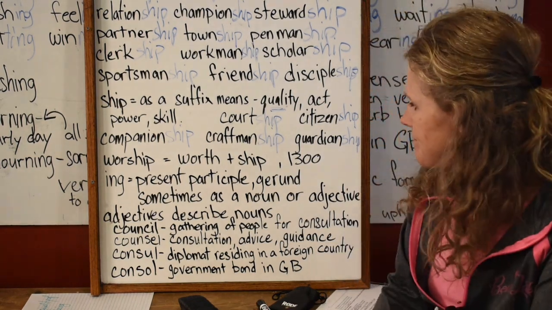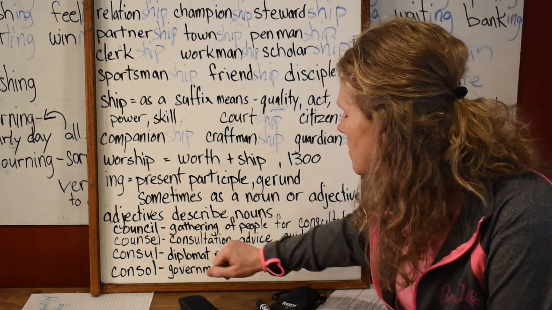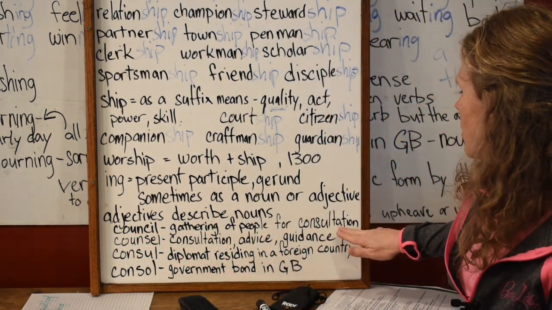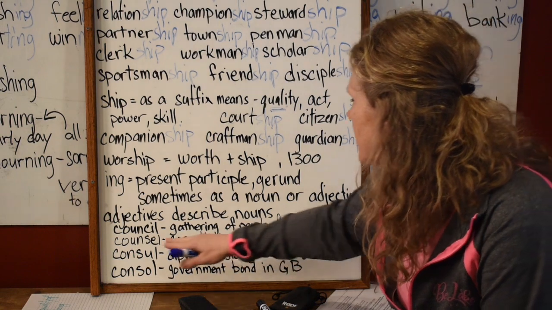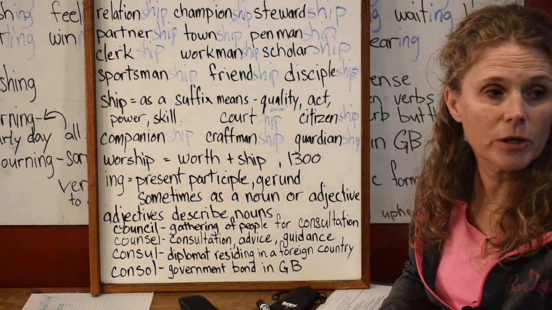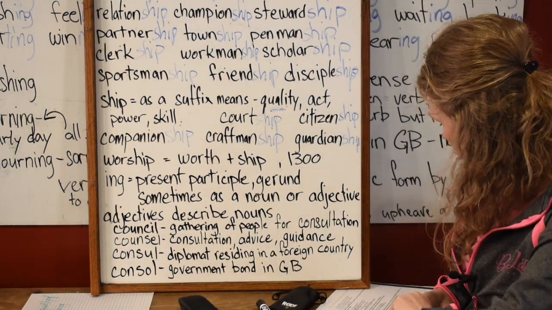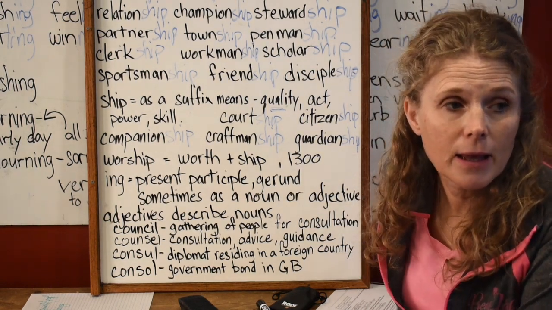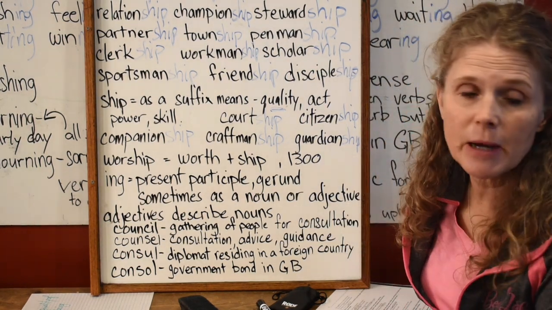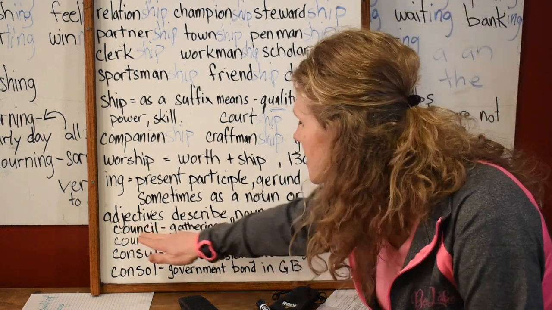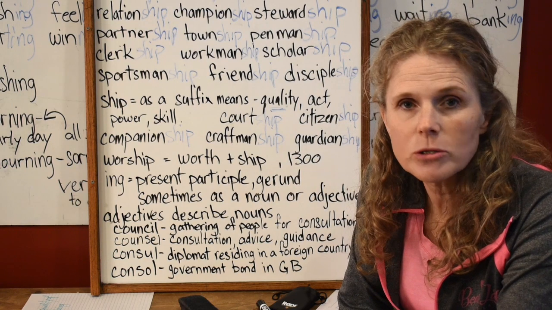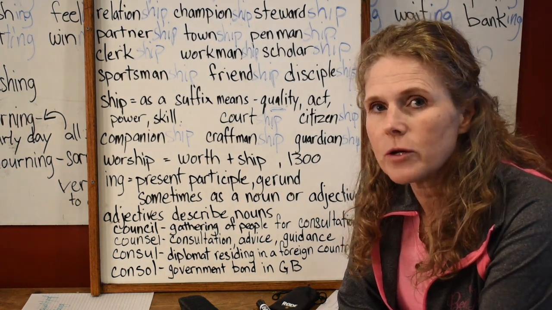All right? So, counsel. This council is the gathering of people for consultation. So this is what kind of noun? A group of people, and it's called what? A collective noun. And we talked about this in another lesson. This is a collective noun that takes the singular most of the time. Most of your collective nouns take the singular verb.